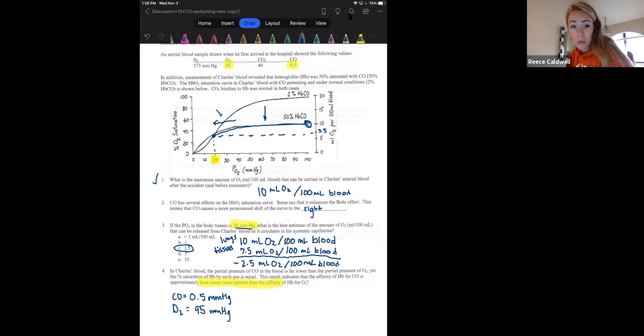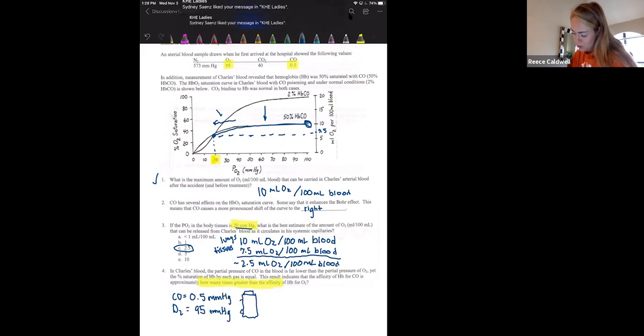However, that hemoglobin is still picking it up. If you think about the hemoglobin being like an Uber, terrible car, and the Uber has 4 seats, 1, 2, 3, 4, even though there's way more oxygen, it's still going to pick up carbon monoxide.